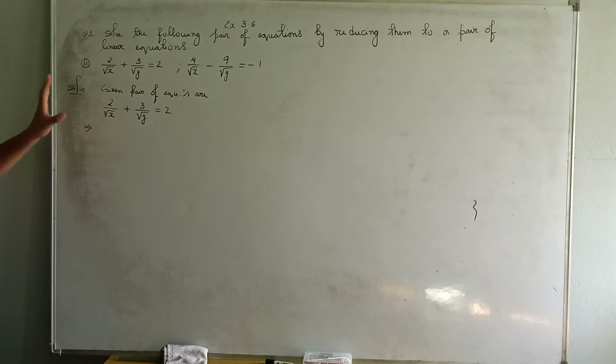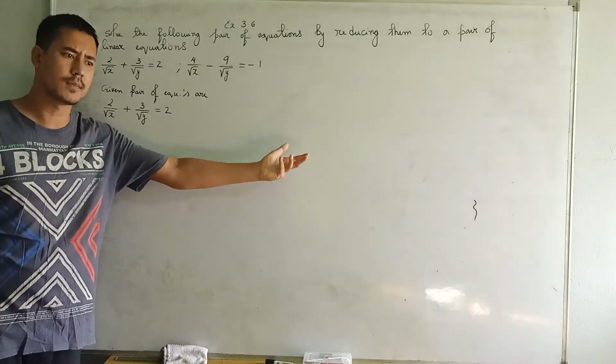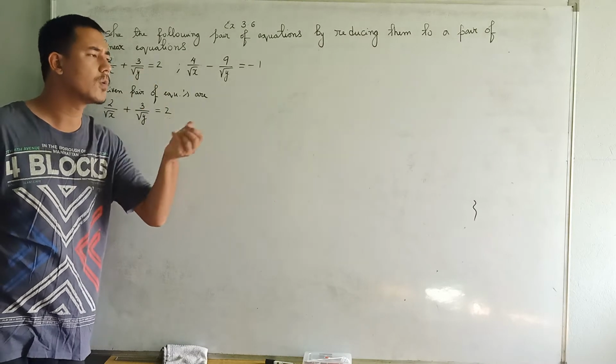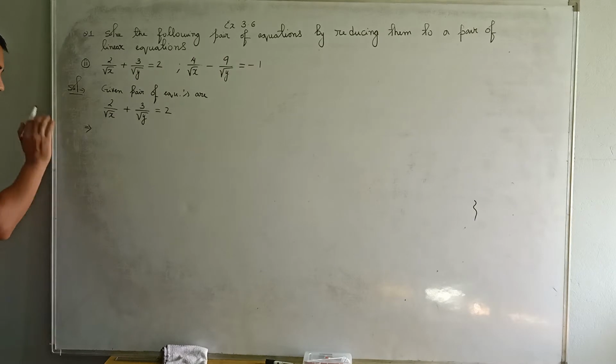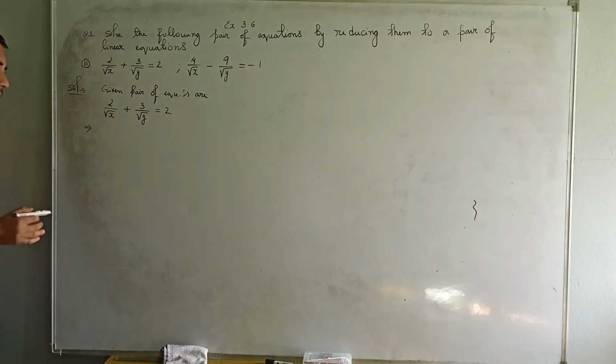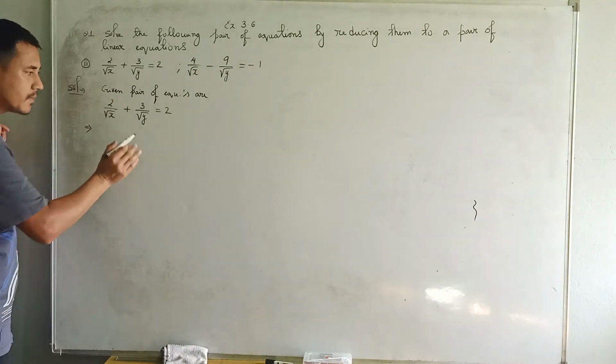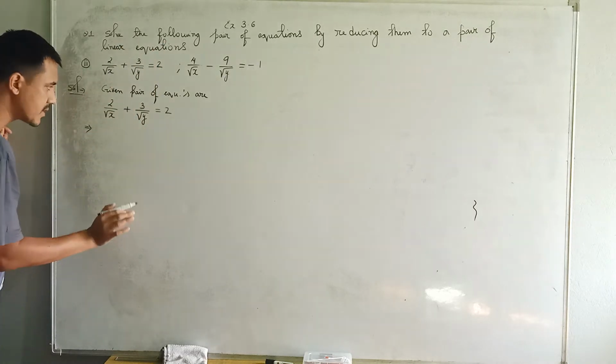So instead of this variable x, I'm going to replace it by another variable whose power will be 1, and so we get linear. Same question, same procedure follows for the rest.